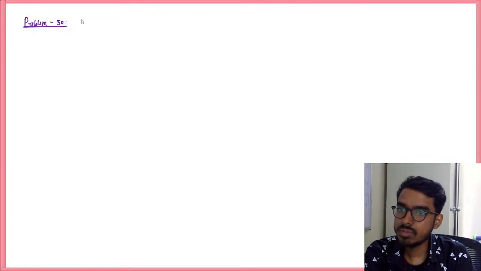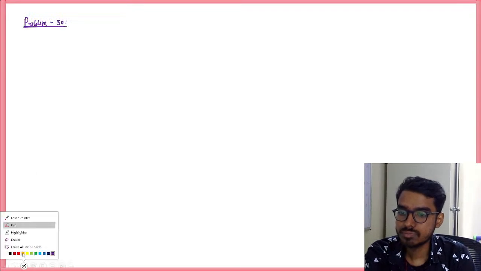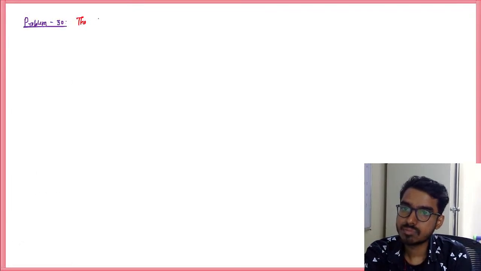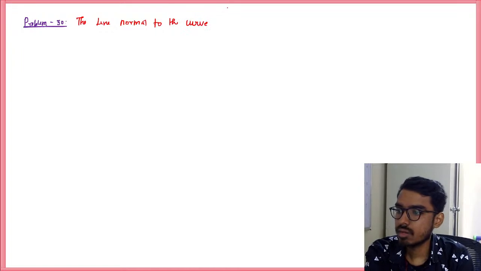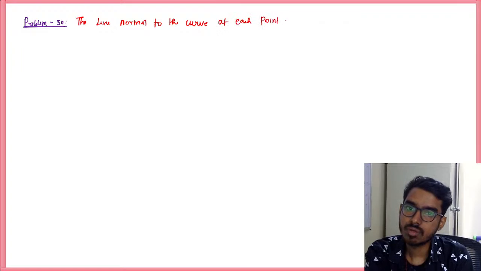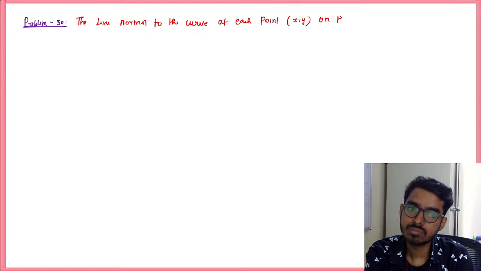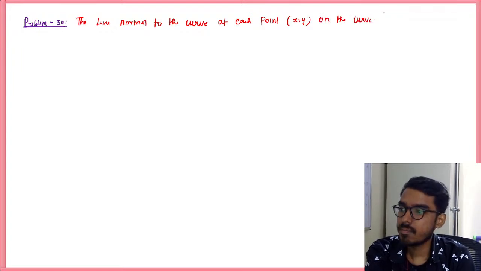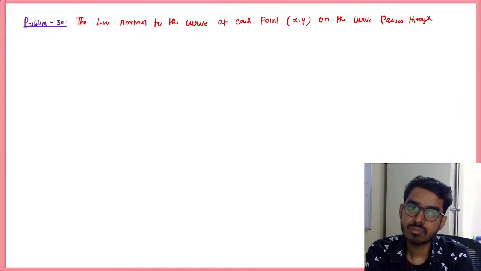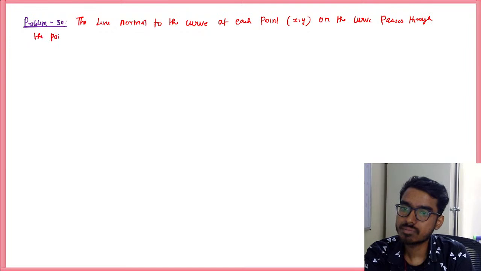The line normal to the curve at each point x comma y on the curve passes through the point 2 comma 0.